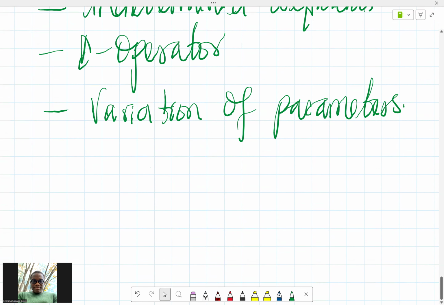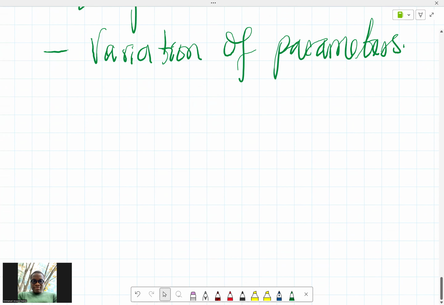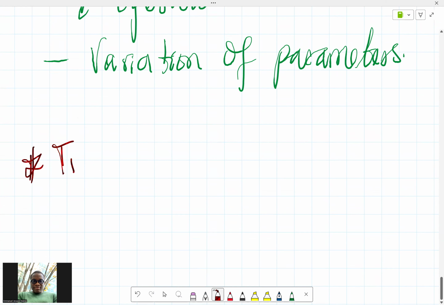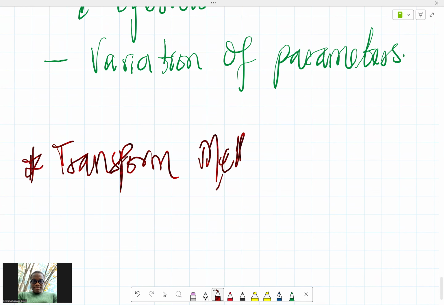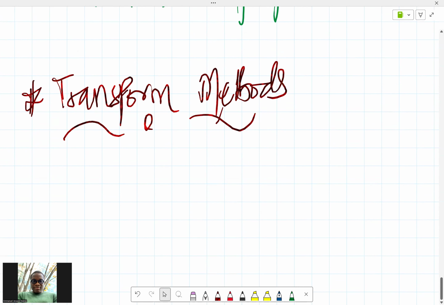Apart from analytical methods, we have what you can call the transform methods. We use some established transforms, and a very good one is Laplace.